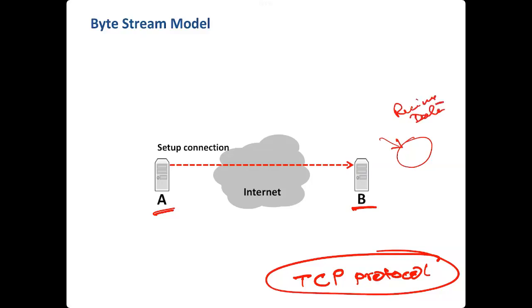There must be some understanding between the two, and first B must accept the connection from A. For example, B is a server in some defense force, and somebody from, say, Hamas or any terrorist organization is trying to log into this using TCP, then it may refuse the connection.